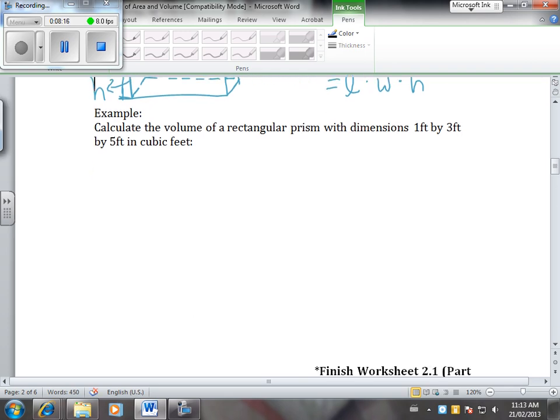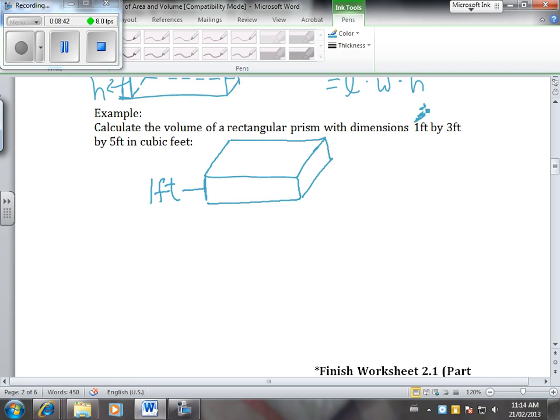So let's draw our rectangular prism. Just a quick version. We have dimensions of 1 foot by 3 feet by 5 feet. So our height will be 1 foot.